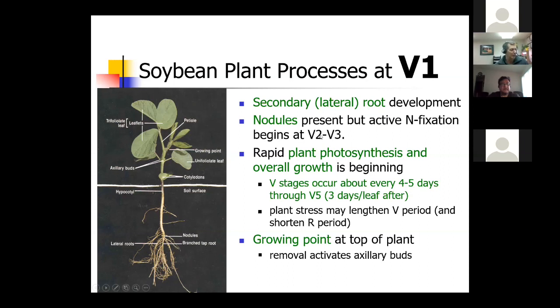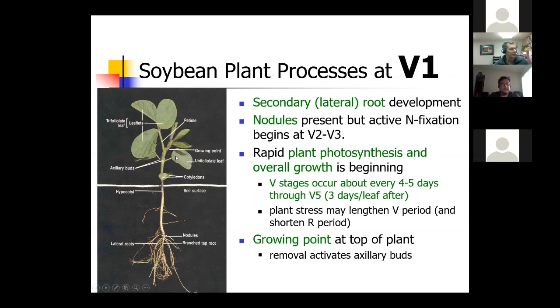You may find nodules this early, but they're really not active until we add another leaf or 2 of the trifoliate leaves. And the plant up to this point has been relying primarily on the energy that's been stored in the cotyledons. But once the trifoliates come out, well, then it's equipped to start capturing the sunlight and beginning the photosynthesis. And it even began with unifoliate leaves, but it gears up as we add more trifoliate leaves, of course.